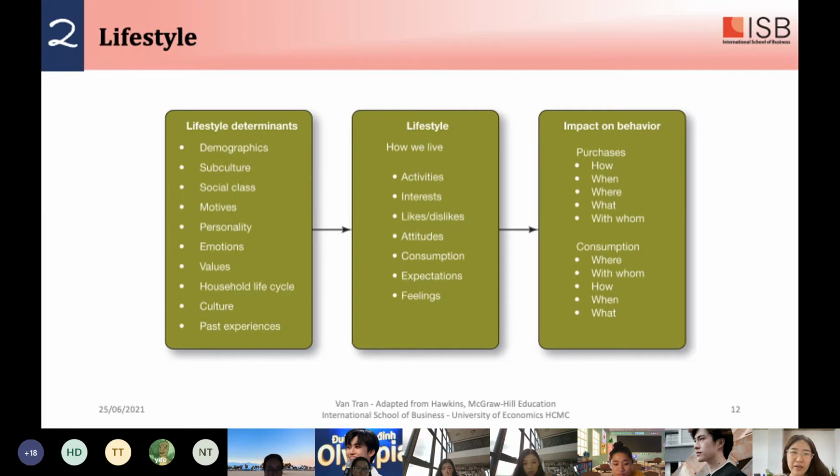So we have lifestyle in the middle that includes all of activities, interests, and attitude as well, because remember how attitude can lead to your behavioral intention, right?